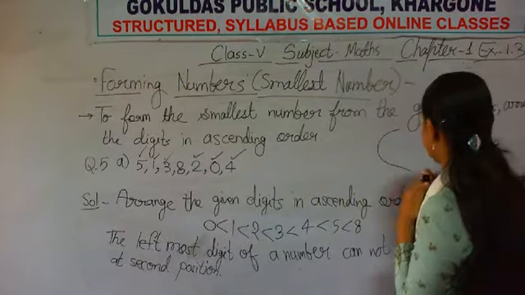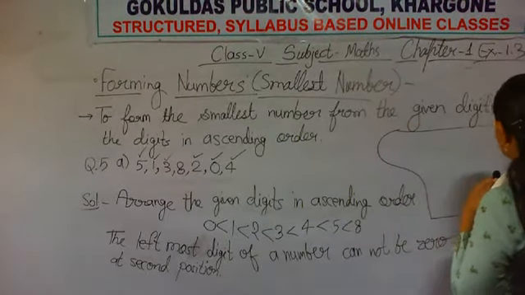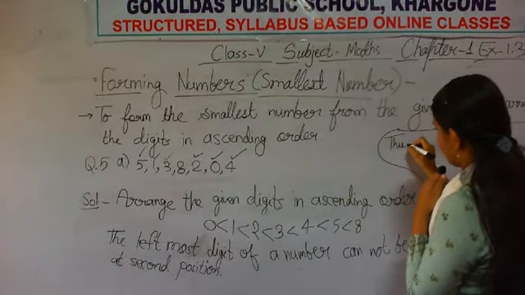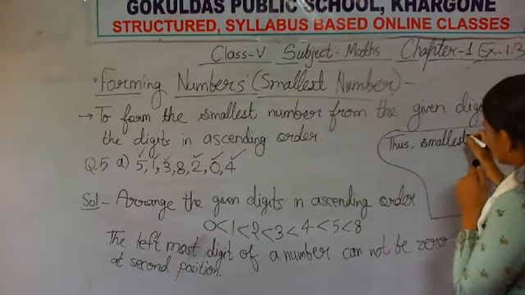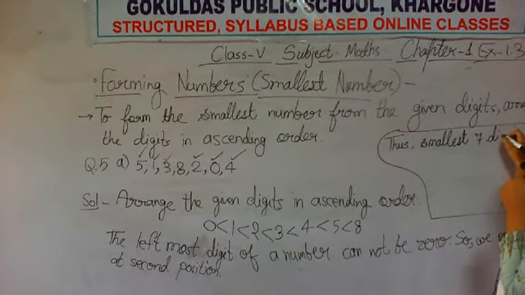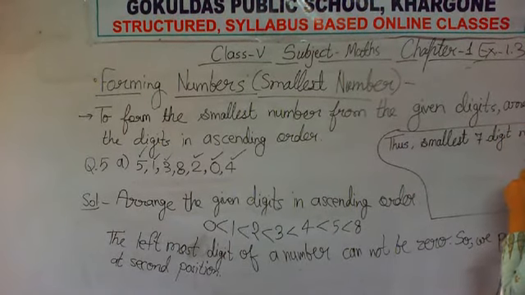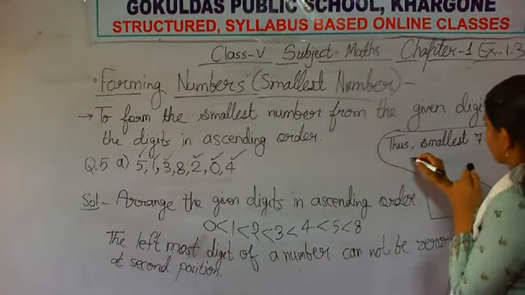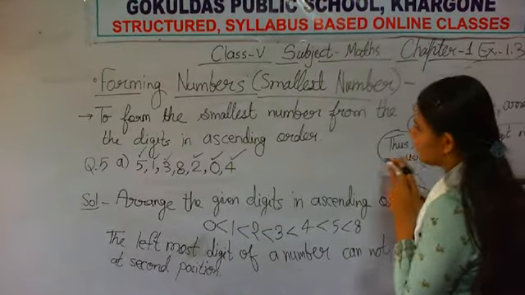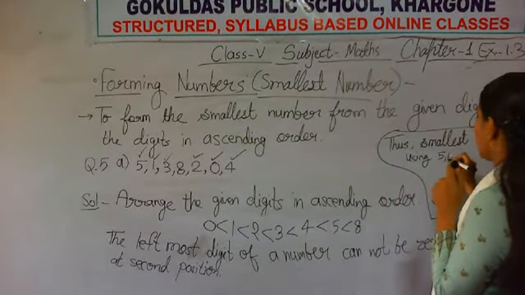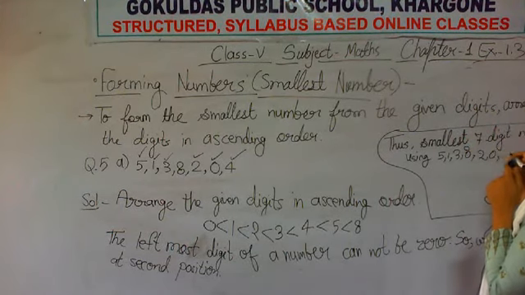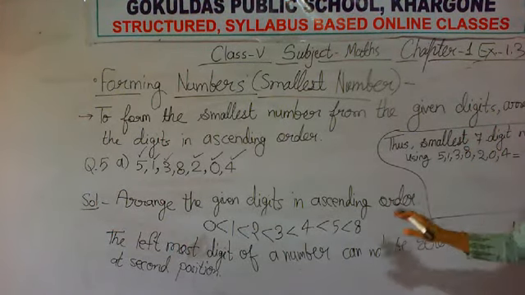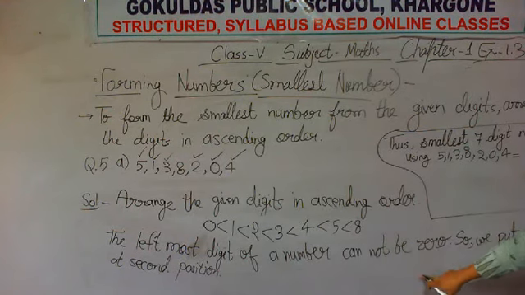I am writing the answer here. The smallest 7-digit number using 5, 1, 3, 8, 2, 0, 4 is, if 0 comes, then what is the step?